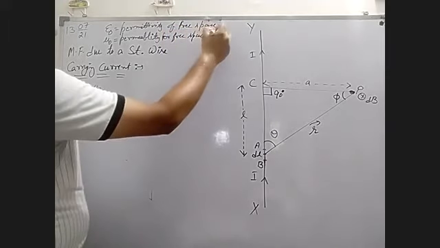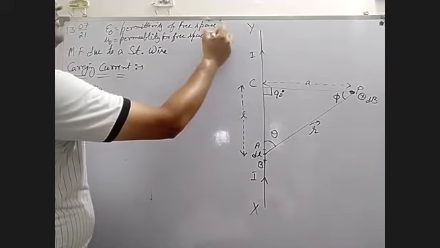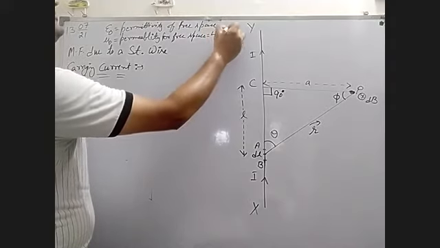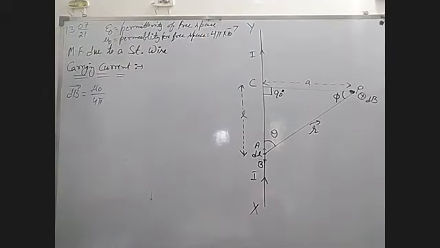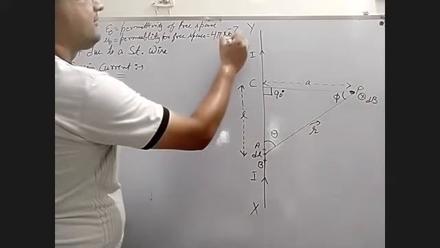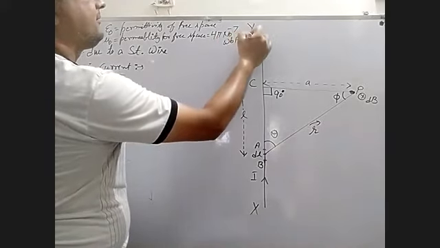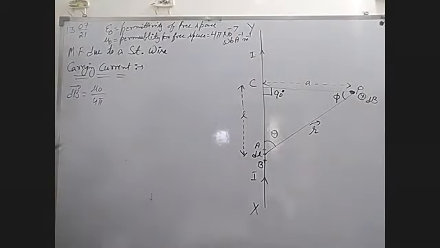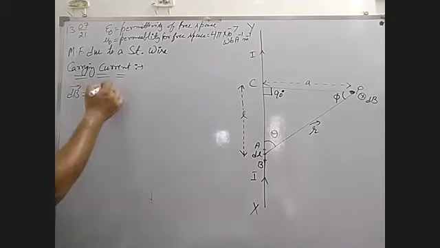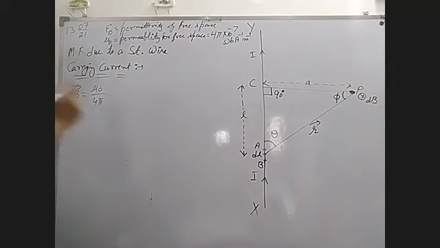Its value is 4 pi into 10 raised to the power minus 7, and the unit is Weber ampere inverse meter inverse. This is the unit; the value is fixed here. If any medium is there, then you take the dielectric constant into account.